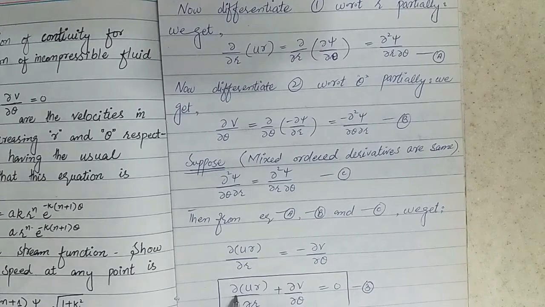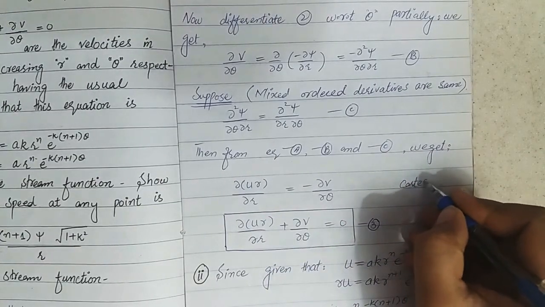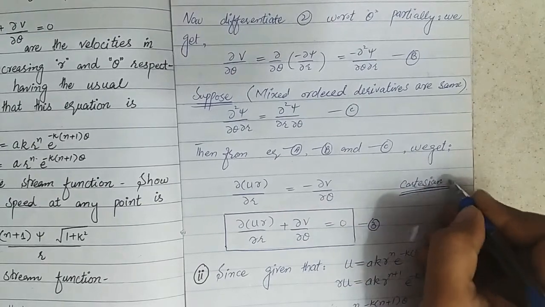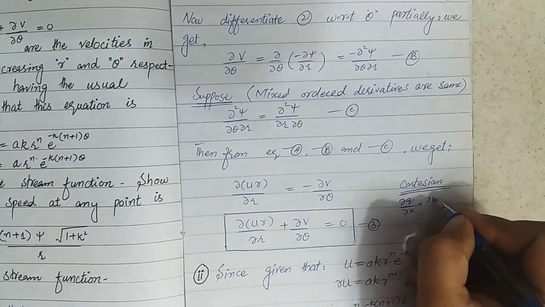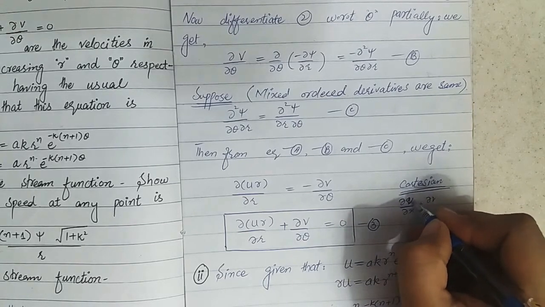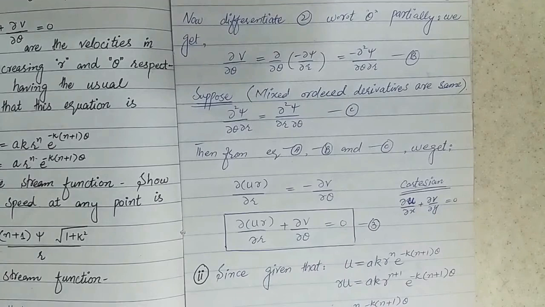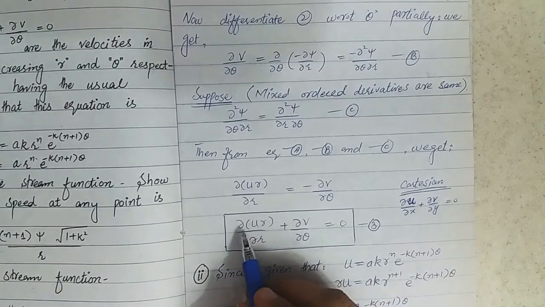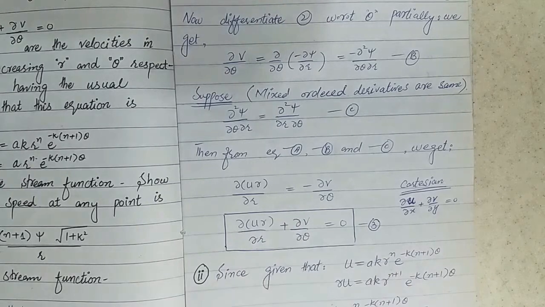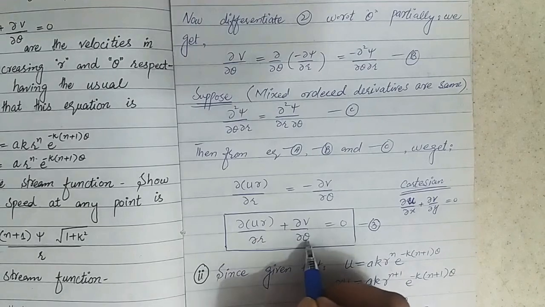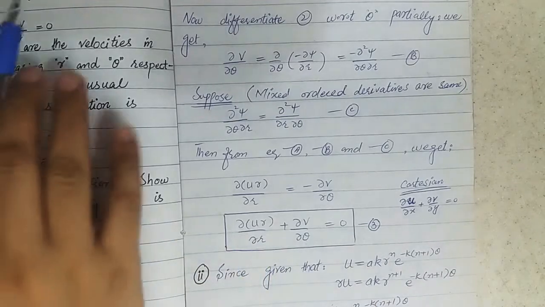This is the equation of continuity, because in Cartesian form the equation is partial u by partial x plus partial v by partial y equal to 0. Here it is partial u r by partial r plus partial v by partial theta, because the components are with respect to r and theta.